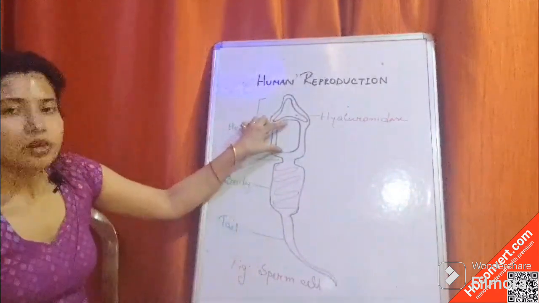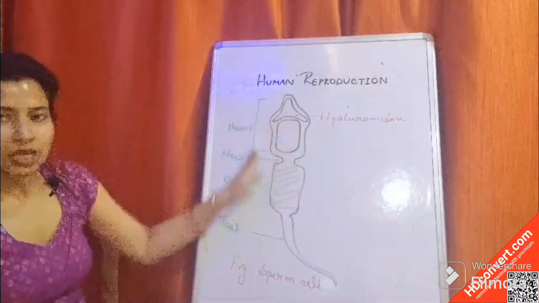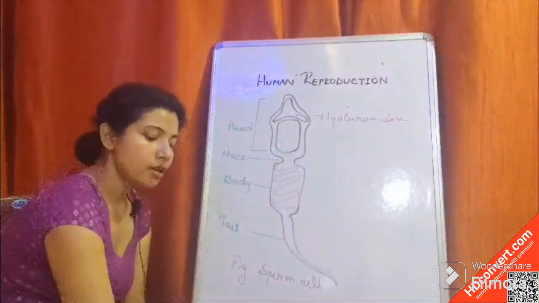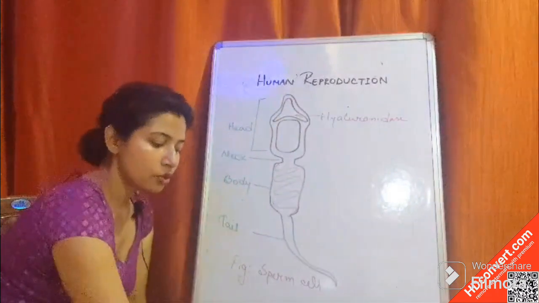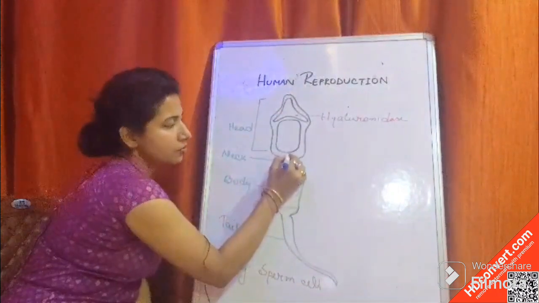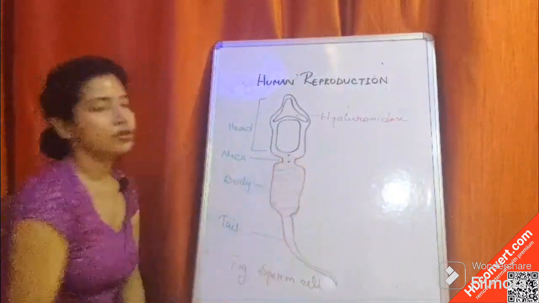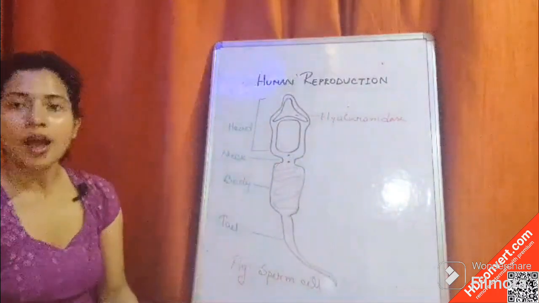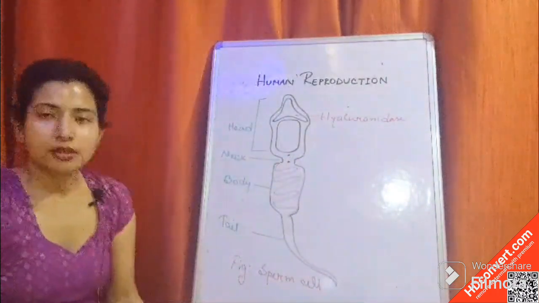It has its own nucleus, mitochondria, plasma membrane, everything. And as it is an animal cell, it has its characteristic centrioles also. So where is this centriole? These two centrioles of animal cell are present here.